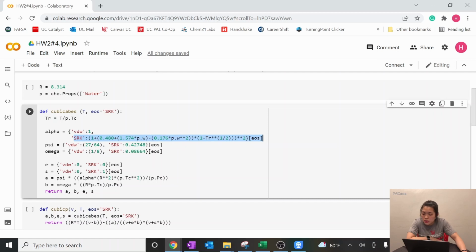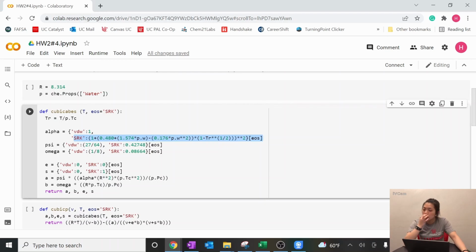It is 1 plus the quantity of 0.480 plus 1.574 multiplied by a property of water called the eccentric factor, which is just a factor that accounts for how molecules are not perfectly spherical.